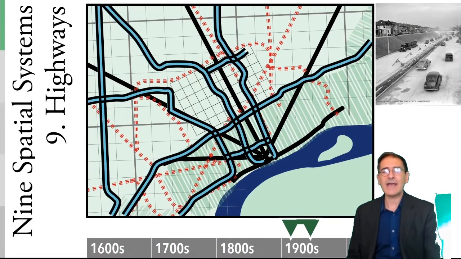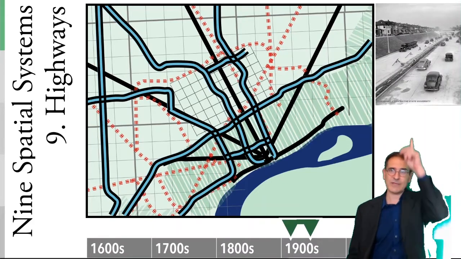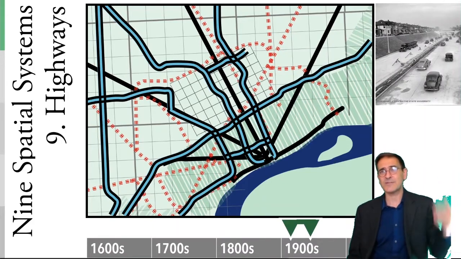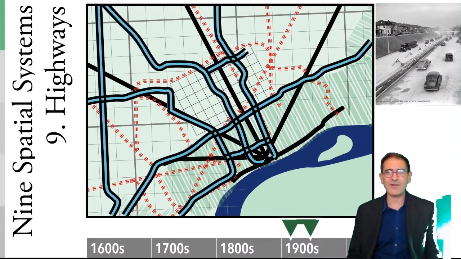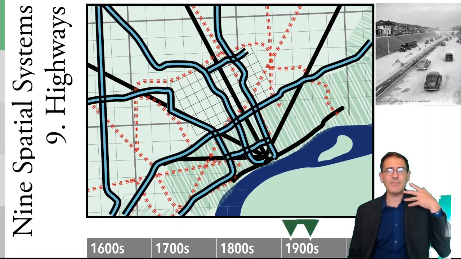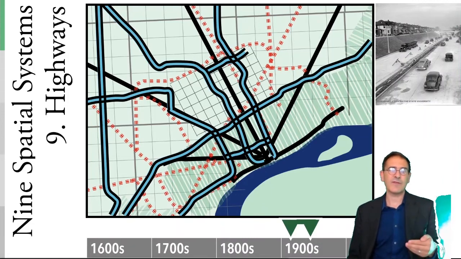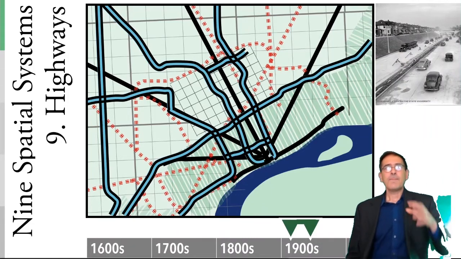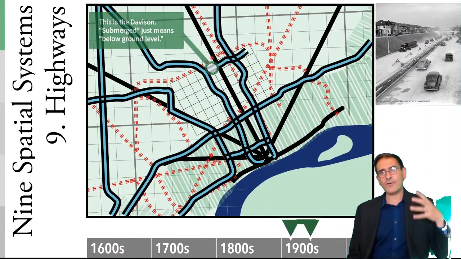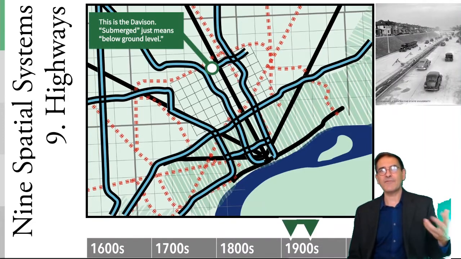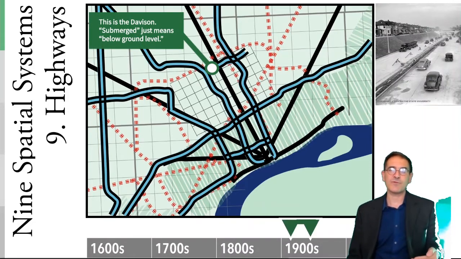And then in addition to those, in the 1900s, you get the emergence of highways. You can see in the picture above the Davison Highway, which is actually the first submerged expressway in the entire United States, but a whole variety of freeways emerge between the Davison being built in the 1940s through even the late 1980s. All of these spatial systems together form the shape of the city of Detroit, but each one forms the previous one.